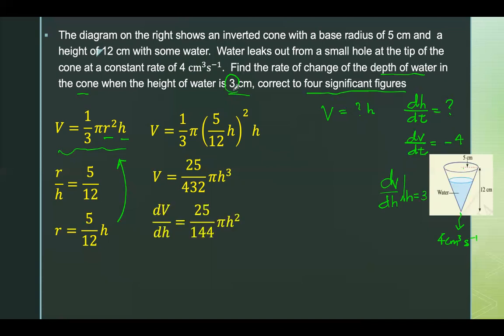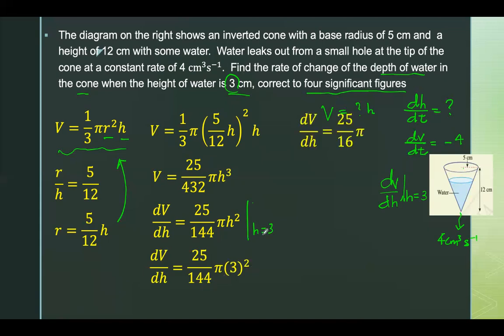So you get 3 times 25/432, you get 25/144 pi H squared. Then you substitute the H in. H equal to 3. So you get 25/144 pi times 3 square. You get 25/16 pi.